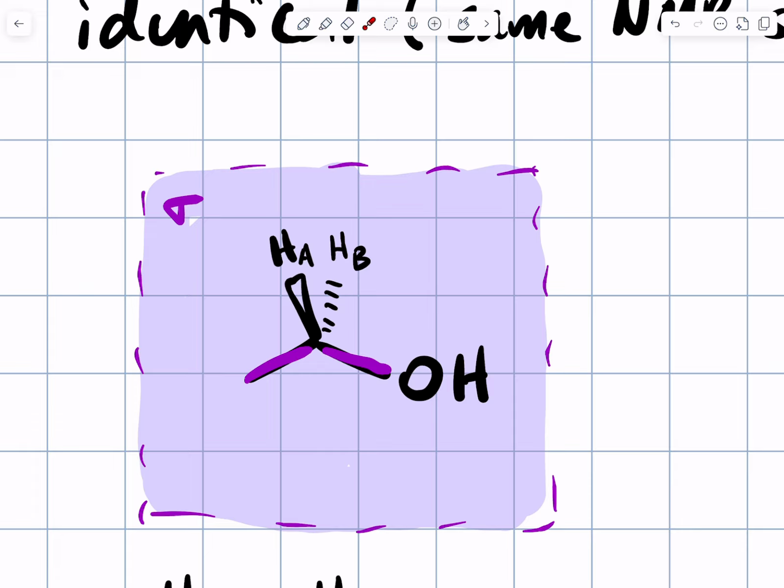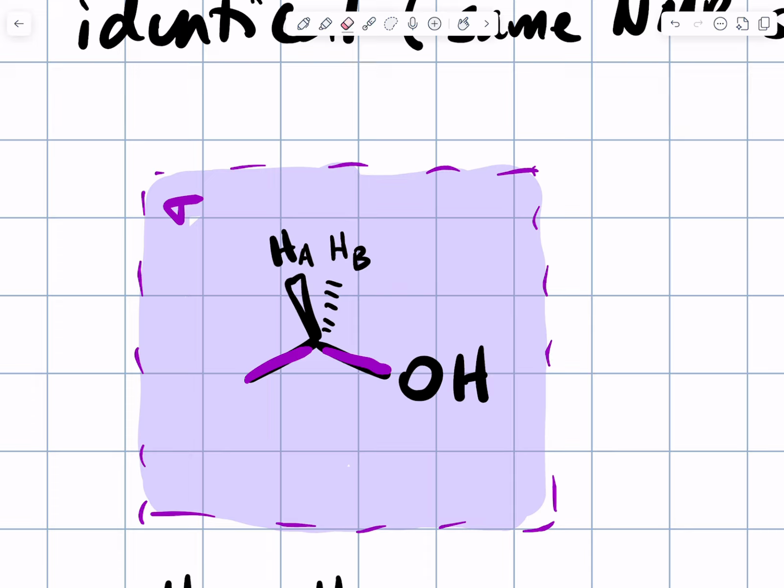Now, for our purposes, enantiotopic means identical unless you're in a chiral environment, which means that a protein could sense the difference between HA and HB because a protein is chiral. And when you get to biochemistry, you will see a protein selectively remove one of two enantiotopic protons.